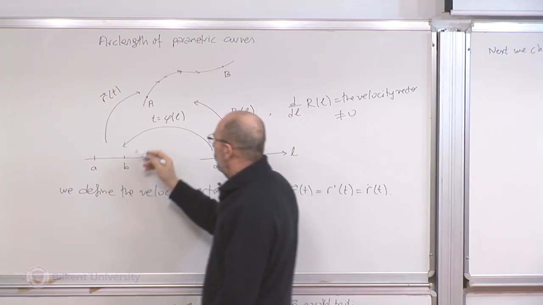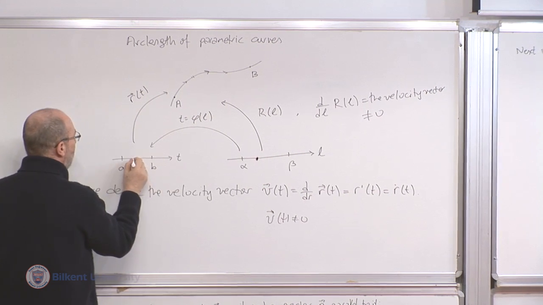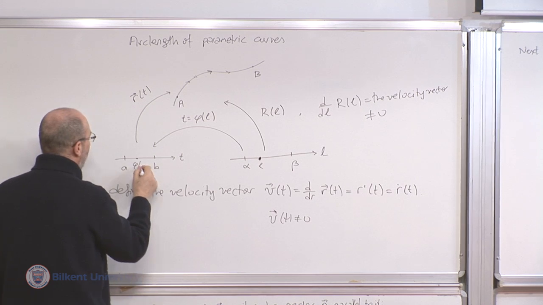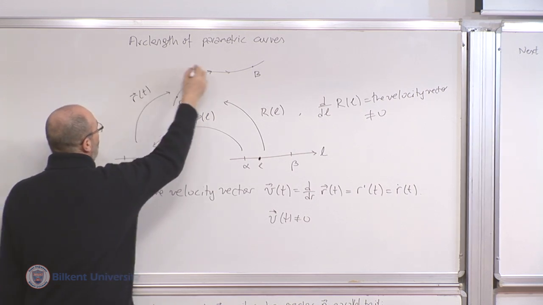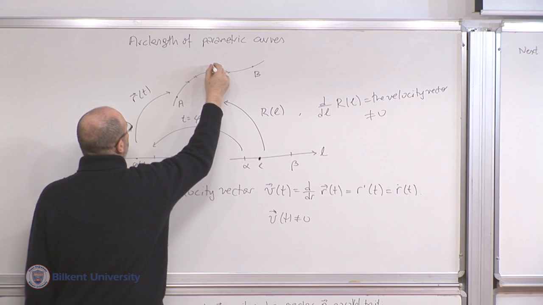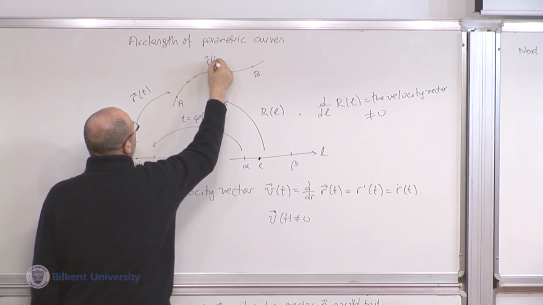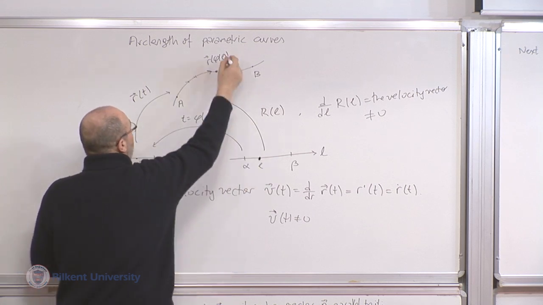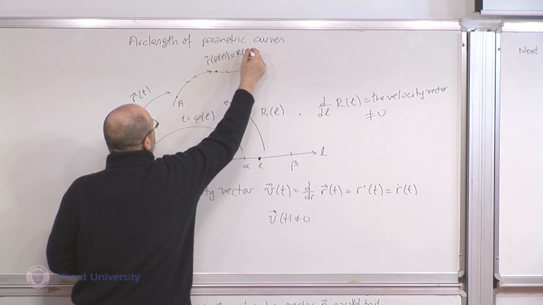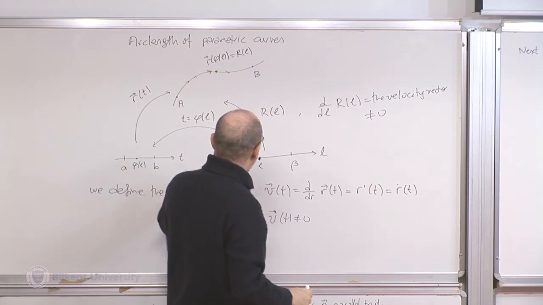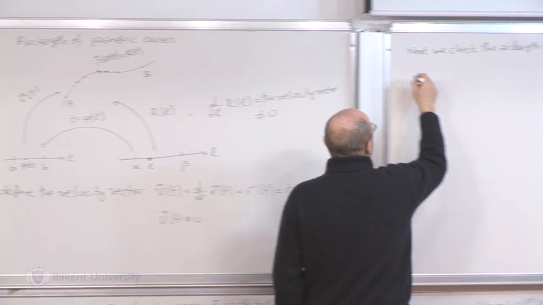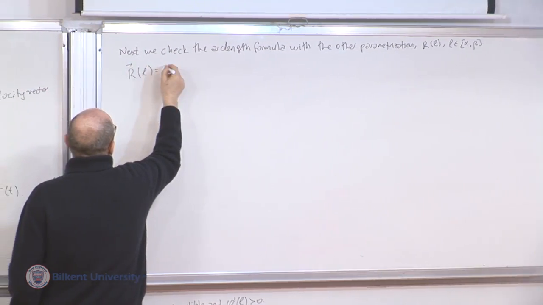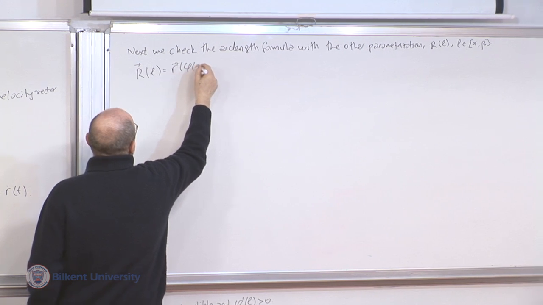This point goes to a point here, phi of L, and this point goes, by R, to a point here, R of phi of L. But that's the same thing as going with R of L. So that's how we describe these things. So R of L is equal to R, so these are vectors, sometimes I forget, phi of L.